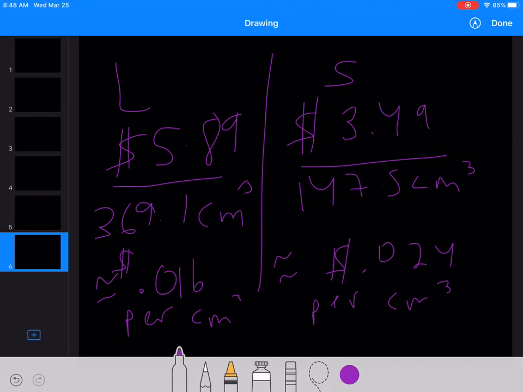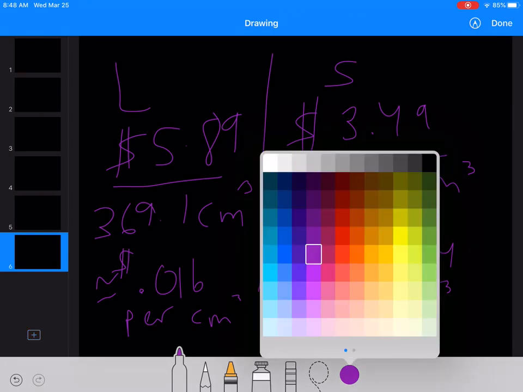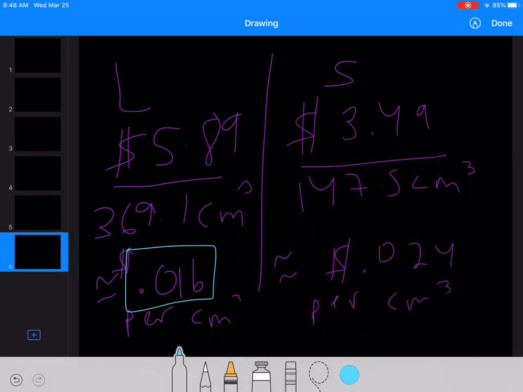So it looks like the large cup does cost less here. It's not much less, but it is less, and that's nice to see, because sometimes when you go into a place and you look at the price and you're like, should I get two smalls, or that kind of thing. And here we showed you how you can do that calculation on your own.